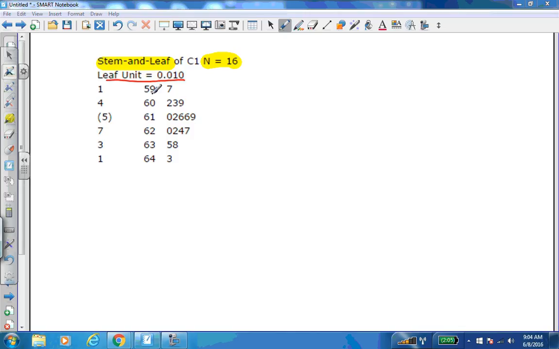Our stem is 59, so let's look at this first stem with a 7. In order for the 7 to be in the hundredths place, our decimal would go here. If we look, for example, at this number, the stem is 62, that leaf is 7.